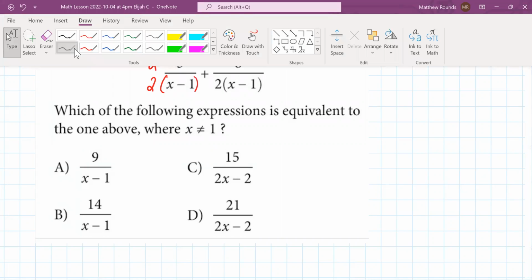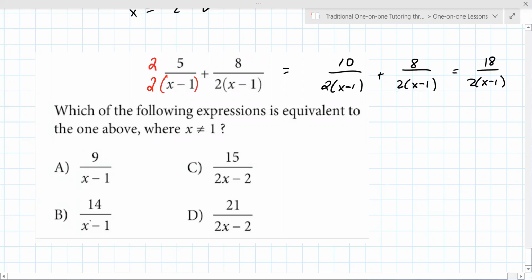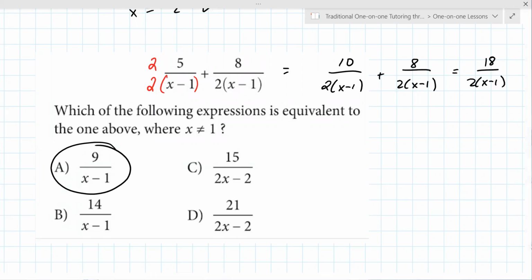So equivalently 10 over 2 parentheses x minus 1 plus 8 over parentheses 2 x minus 1. That becomes 18 over 2 parentheses x minus 1. But notice that answer is not there. What did they do to get down to one of these answers, do you think? Divide by 2 and it's A. Yes. Okay. All right.